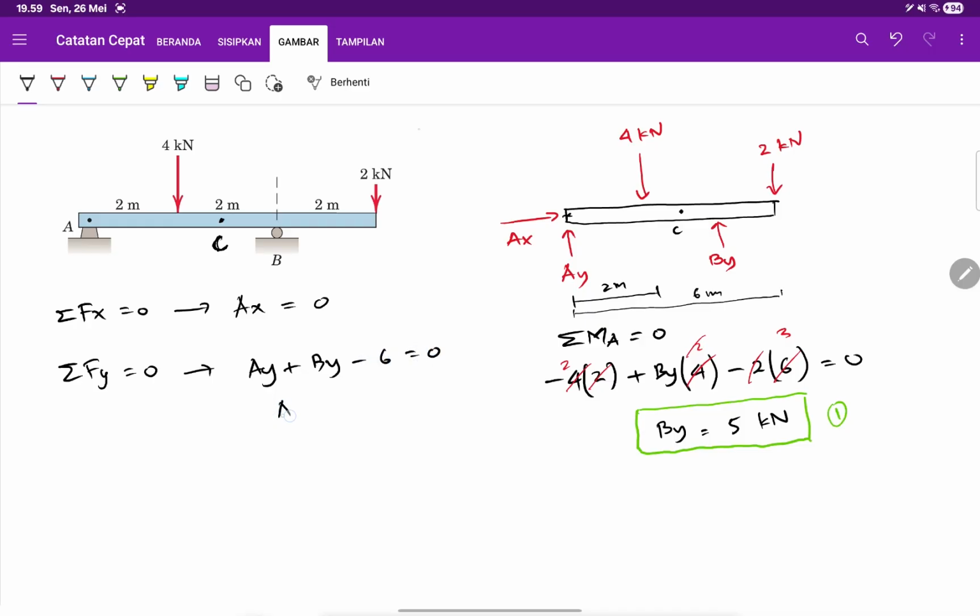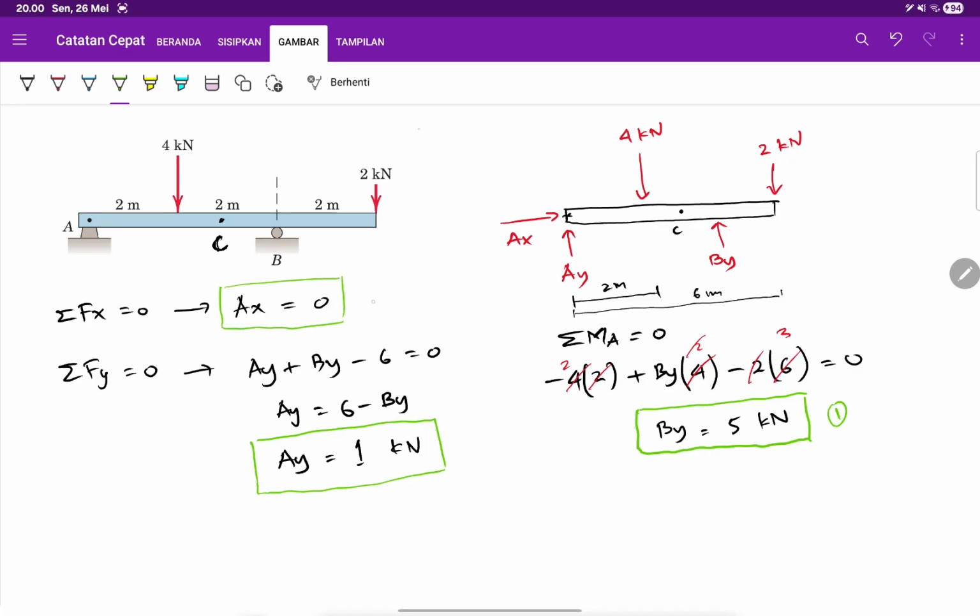And then your Ay will be 6 minus By. In this case, By is 5, so your Ay is 6 minus 5, so it's 1 kilonewton. That is the second unknown that you found, and this is the third one. So now you have 3 unknowns and all of them are solved. Reaction forces, all of them solved.